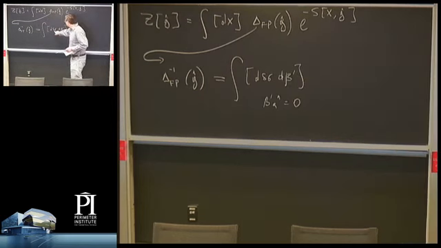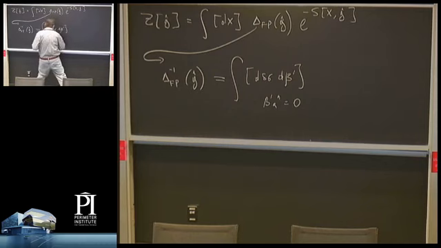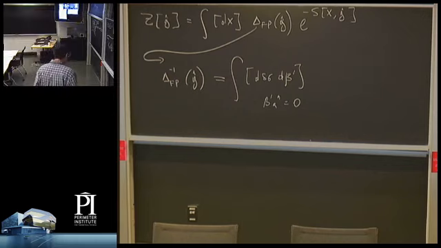So this is the integral. Sigma here is a vector index, and beta is a rank 2 tensor, with beta trace equal to 0. So that's a traceless rank 2 tensor on the worldsheet.